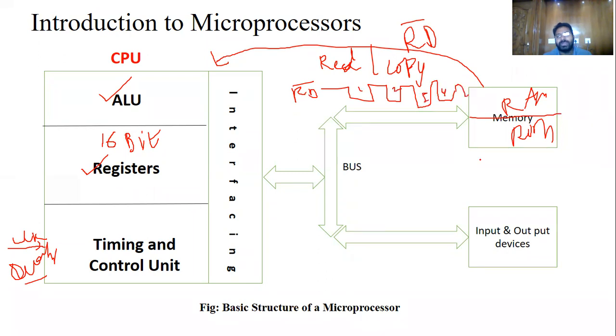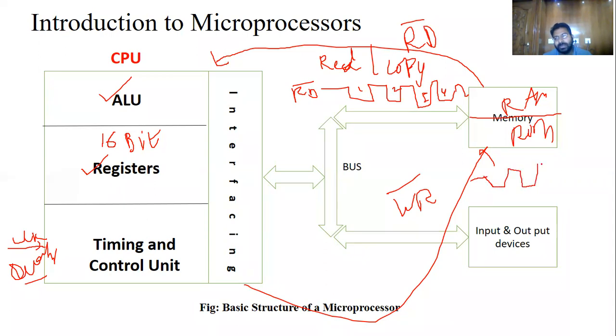Similarly, the microprocessor sends some information to the memory when you perform the write operation. This also requires a fixed number of clocks, 1, 2, 3, 4, and so on.